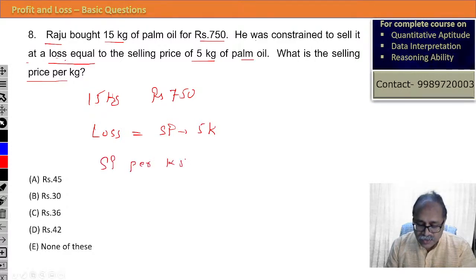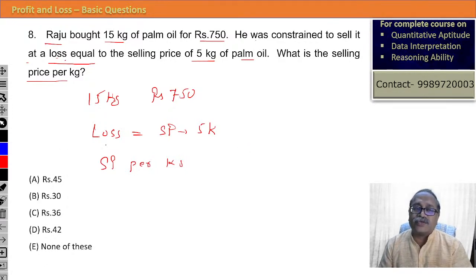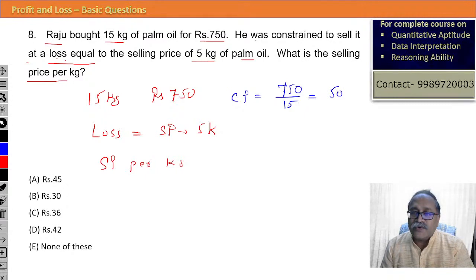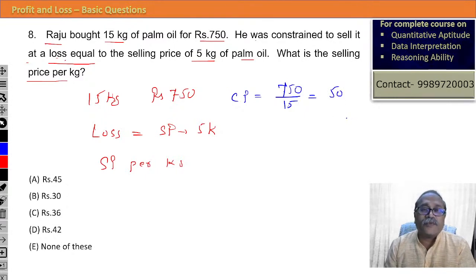Let's answer it together. I know the cost price per kg, CP per kg, is 750 divided by 15, which is equal to, Nilambar, 50. Cost price per kg. Okay. Now what is the loss percentage?